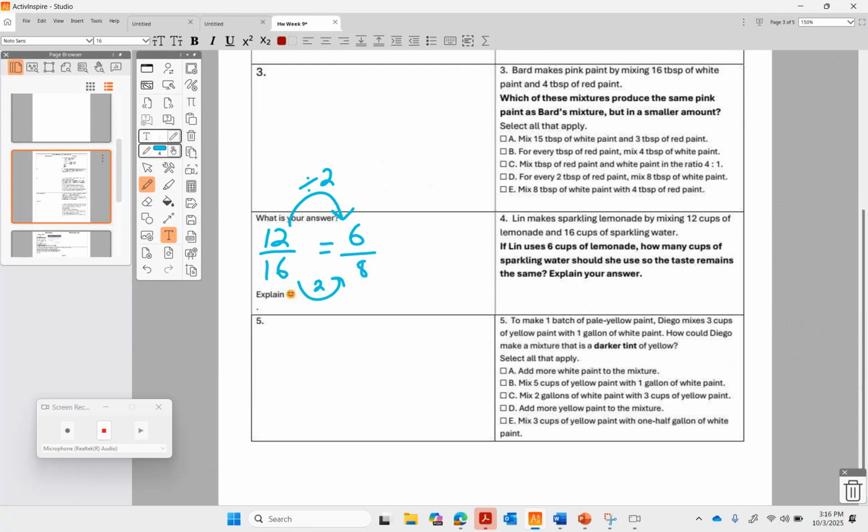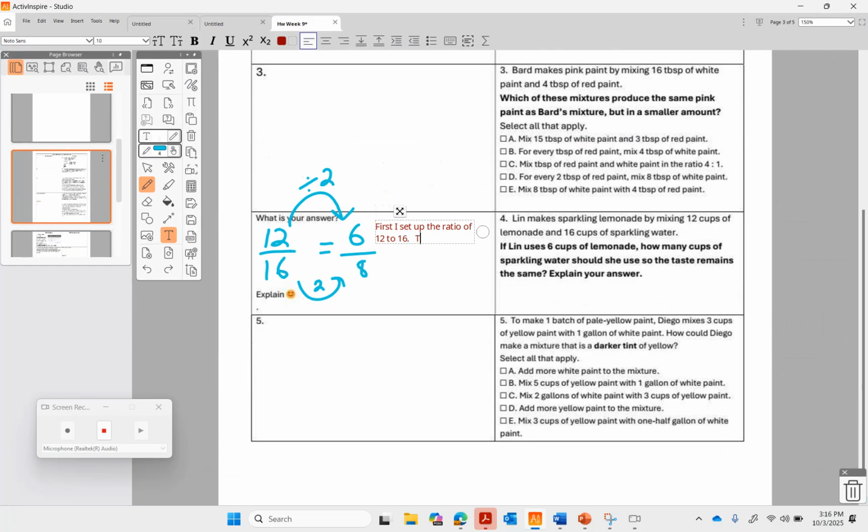So it says explain. I'm going to type it right here. I'm going to try and make it a little bit smaller. Okay. So first, I set up the ratio of 12 to 16.